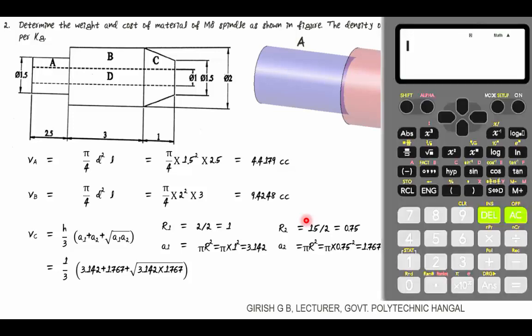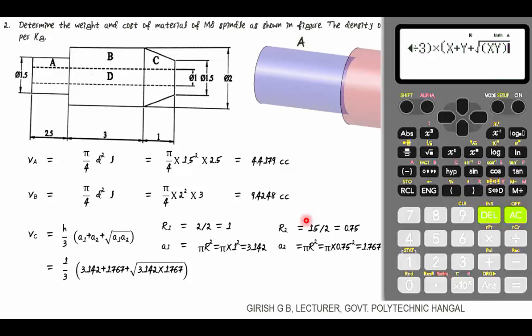Into the bracket 1 divided by 3, bracket close, into, again into the bracket, alpha x plus alpha y plus root of, into the bracket, alpha x, alpha y, bracket close.